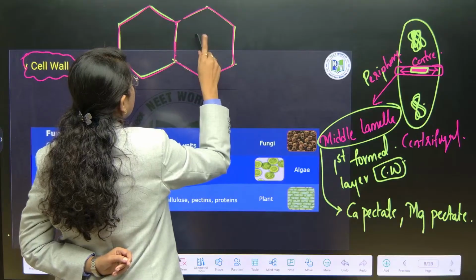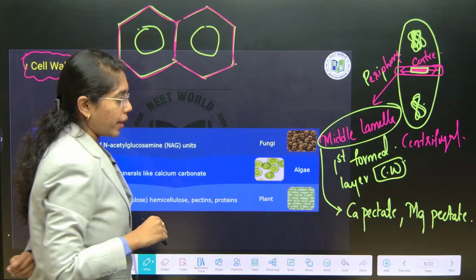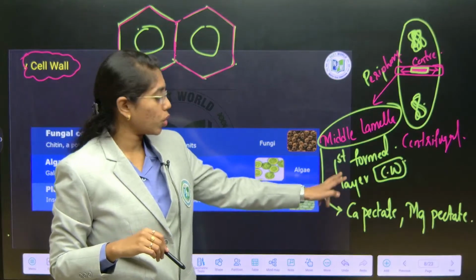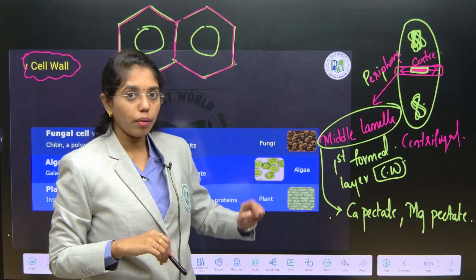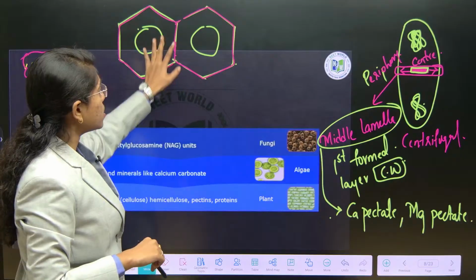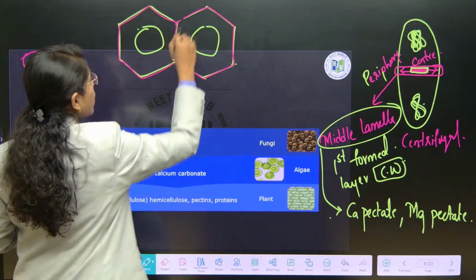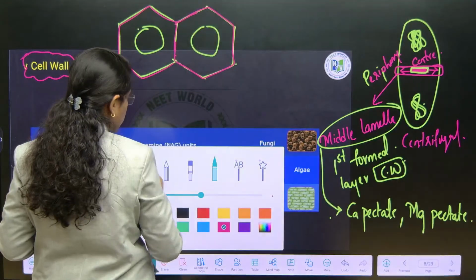Let us suppose this is a plant cell with a cell membrane. The outer layer is clear to you, which is composed of calcium pectate and magnesium pectate, and this is the first formed layer. Next, inner to the middle lamella, the second formed layer is the primary cell wall.